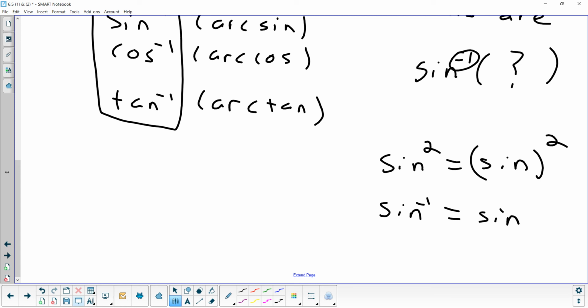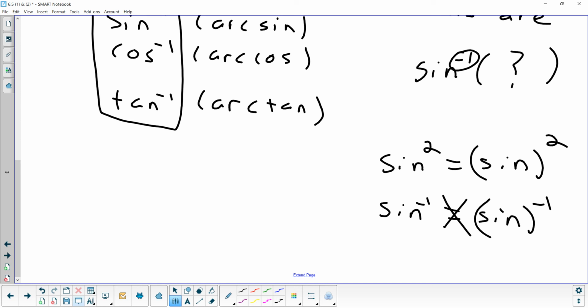This absolutely does not mean this. It is not raising sine to the -1 power. If you put any other number there, yes it is. 2 or 3 or 4, yep. But when you put a -1, that -1 is just a special symbol that means inverse sine.